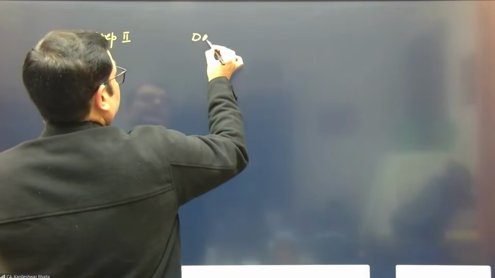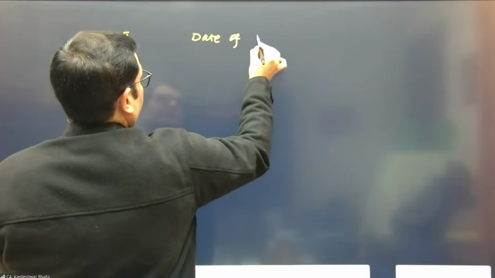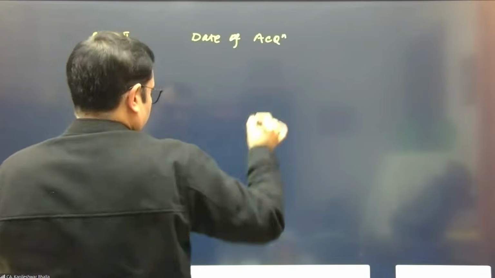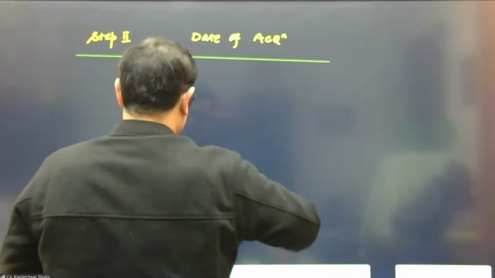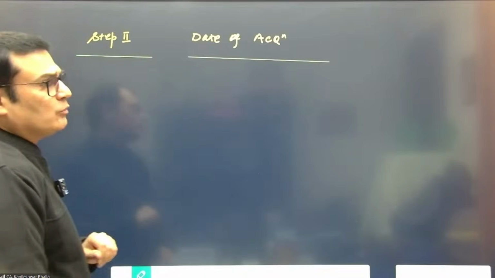Okay, now let's go to step number 2. In terms of step number 2, we need to get the date of acquisition. As far as the date of acquisition is concerned, we know that it is ideally always equal to the closing date. The closing date is when the purchase consideration is discharged, and the date of acquisition is when you get the control.